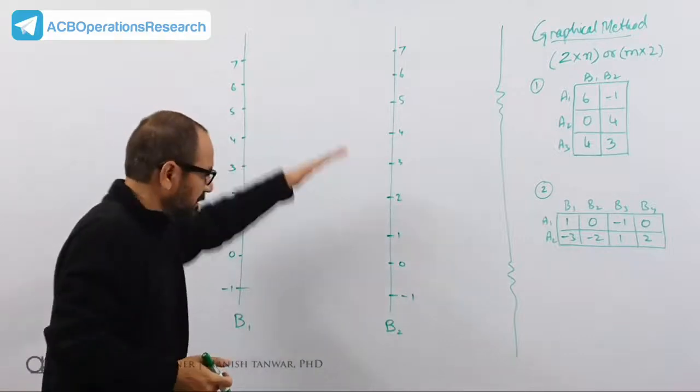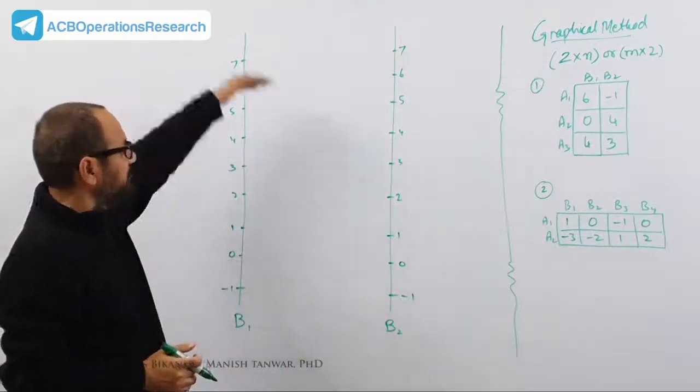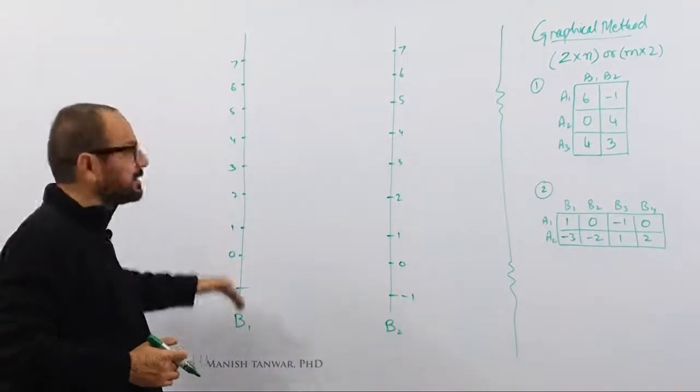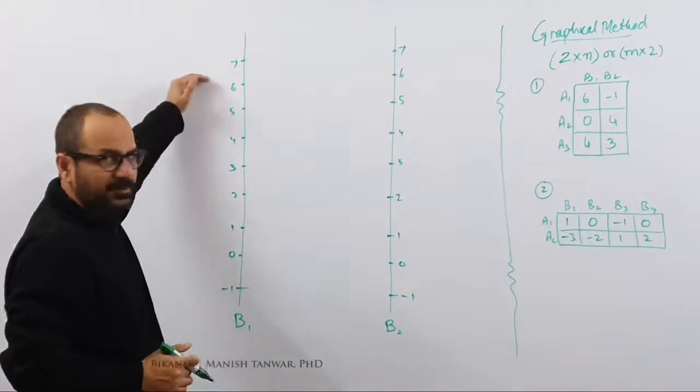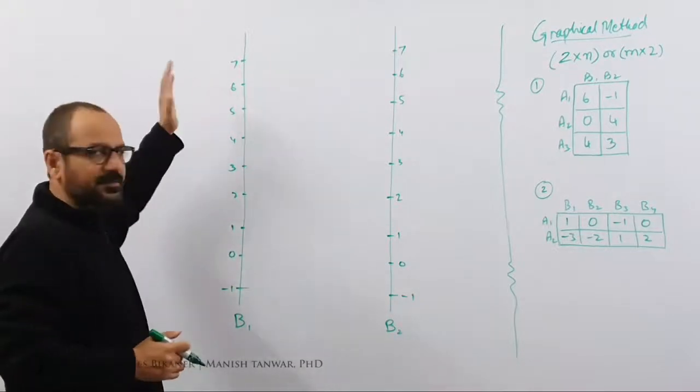So we have 0. Under that 0 we have negative values, -1, -2, -3 and so on. Above 0 we have positive values 1, 2, 3, 4, 5, 6, 7.